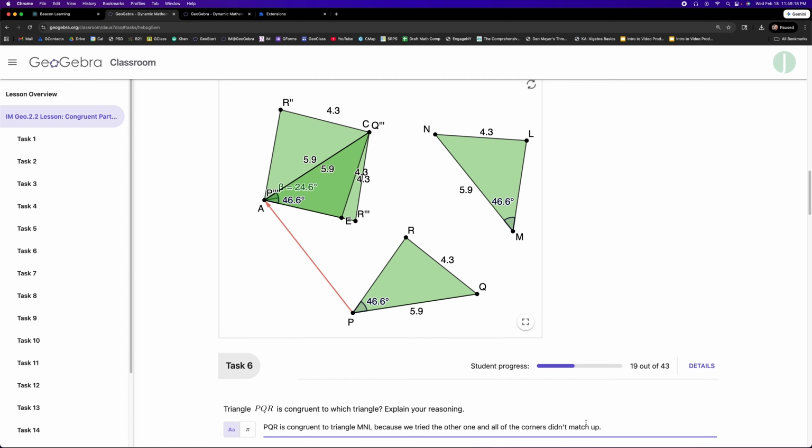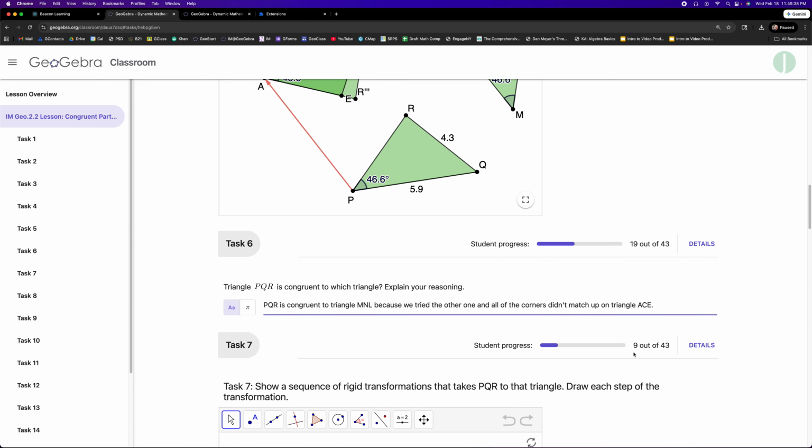On triangle AEC, right? ACE. Okay, great.